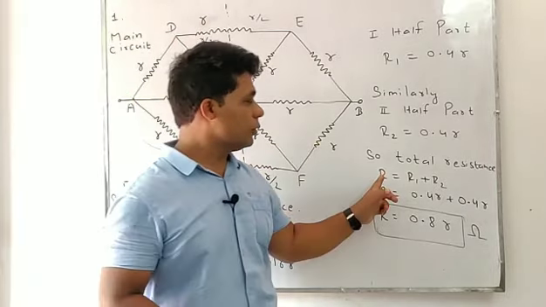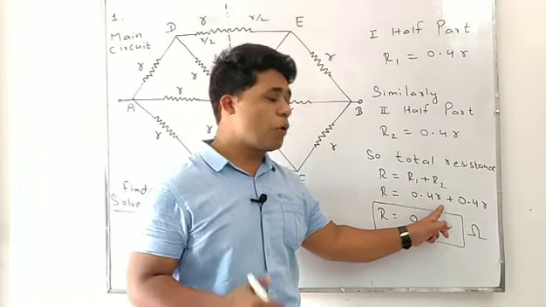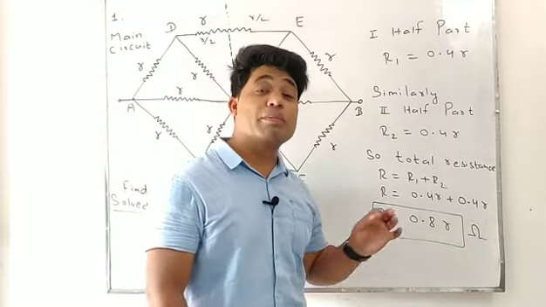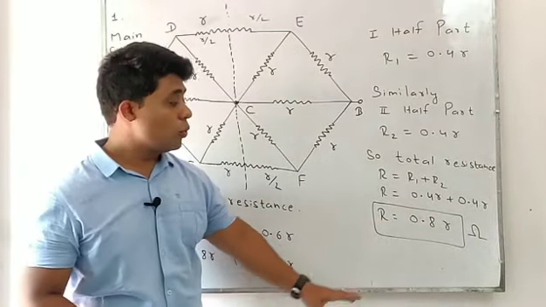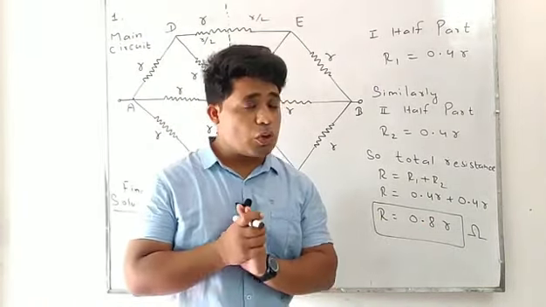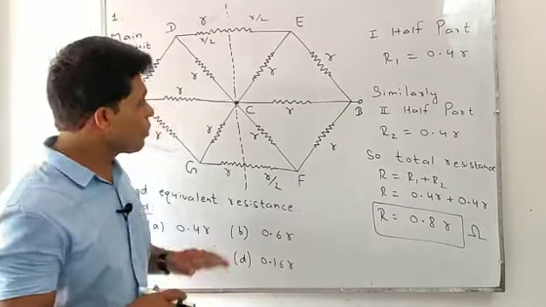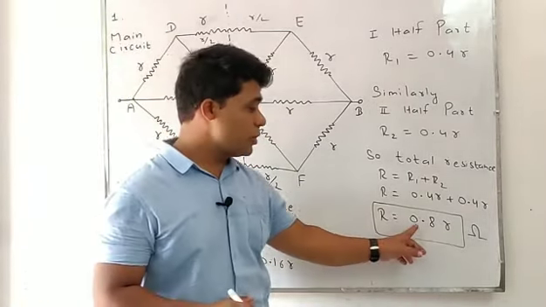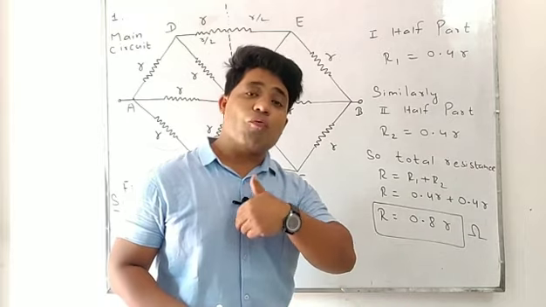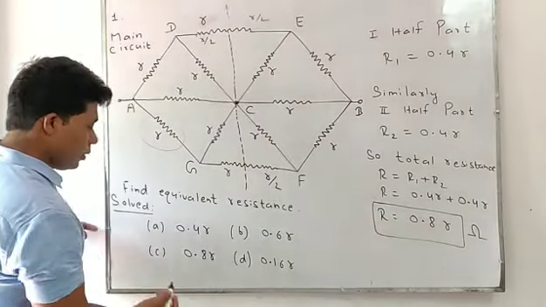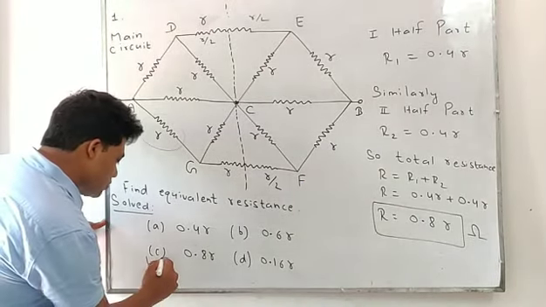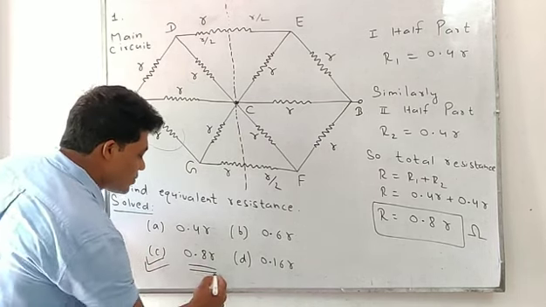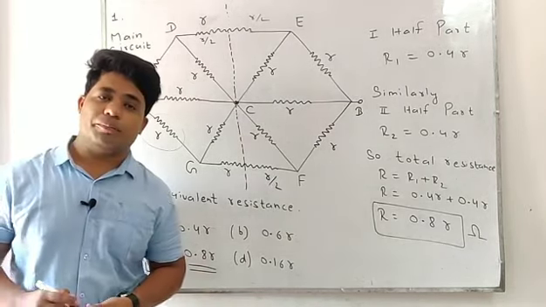We'll add both, R1 plus R2, 0.4R plus 0.4R. It becomes 0.8R ohm. So the total resistance of this circuit should be 0.8R. Which one is the correct option? Option C is the correct option, 0.8R.